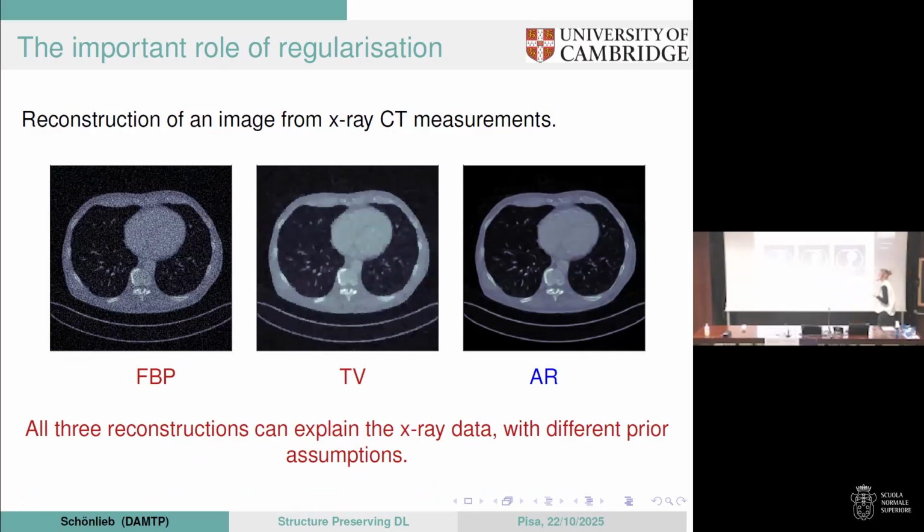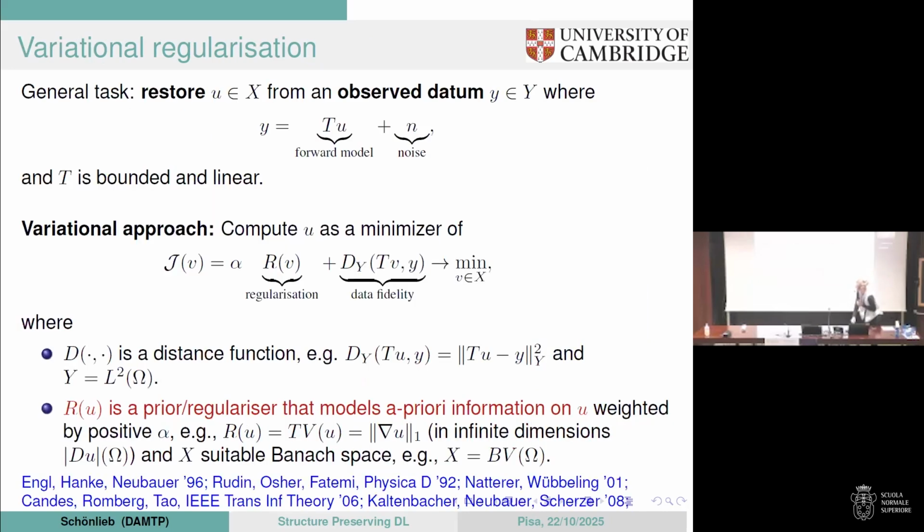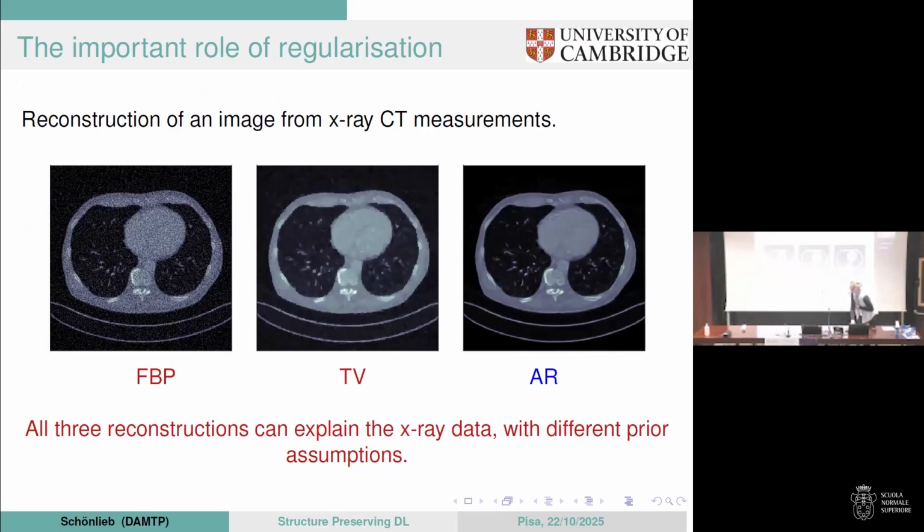What you see here, most of the time in this talk, all the examples I'm showing you are going to be for X-ray CT, which means your forward operator capital T is the X-ray Radon transform. Here we are in the situation of sparse angle X-ray CT, which means you're in this underdetermined setting where you have fewer measurements than unknowns.